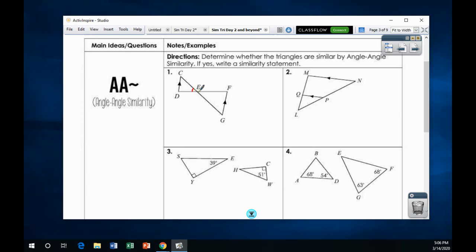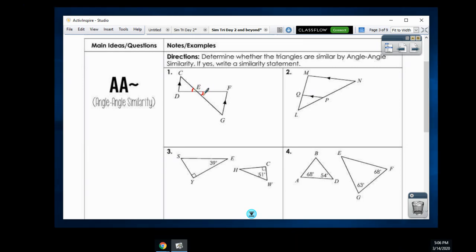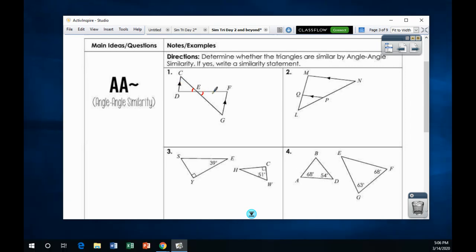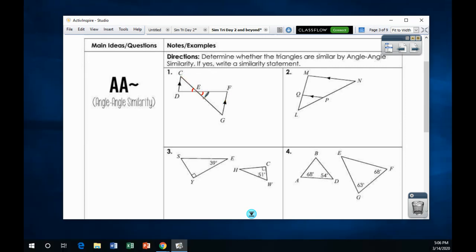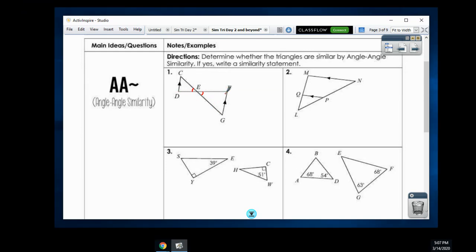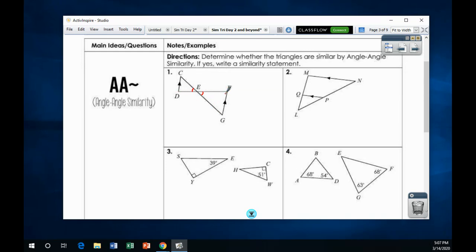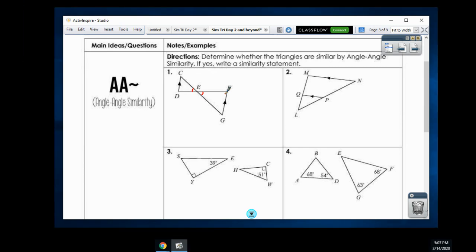So we know that these 2 angles in the middle are vertical angles and therefore congruent, but we also have a couple of parallel sides, and those 2 parallel sides are cut by 2 transversals. CG is a transversal and DF is a transversal. So we have really two pairs of alternate interior angles.